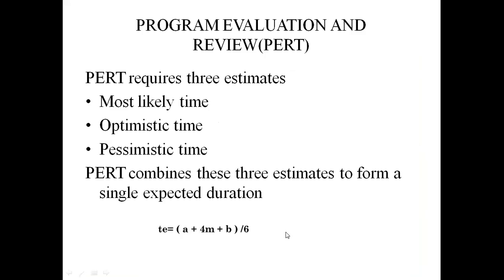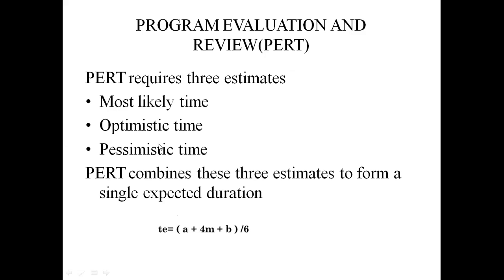Next, yesterday we already discussed PERT, the program evaluation review technique. Here three estimates are required: most likely time, optimistic time, and pessimistic time.